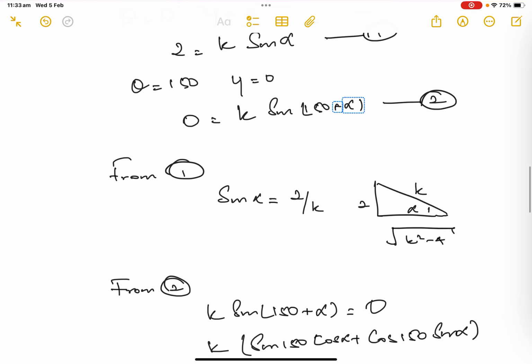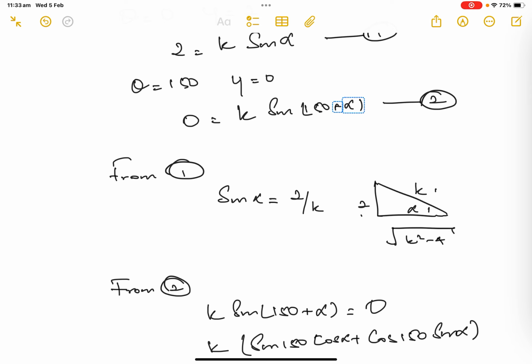Right, let's look at the first equation. From the first equation, we can take sine alpha equal to 2 over k. I put a little right-angle triangle. We know sine alpha is 2 over k, so opposite over hypotenuse.